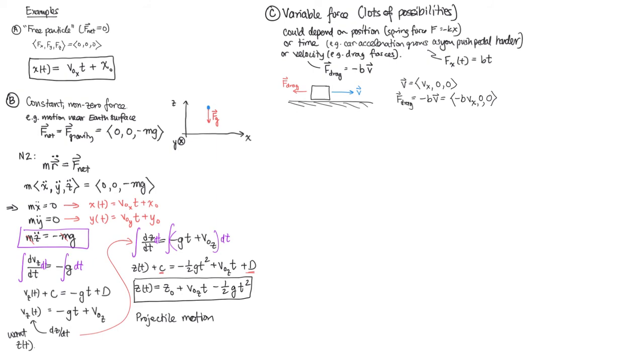So Newton's second law then is saying m r double dot is equal to F net. And in this case, our net force is the drag force. And furthermore, we don't have to worry about the y or the z directions. So of the three equations that are sitting under this Newton's second law equation, there's really only one that we need to worry about. m x double dot is equal to minus b vx.